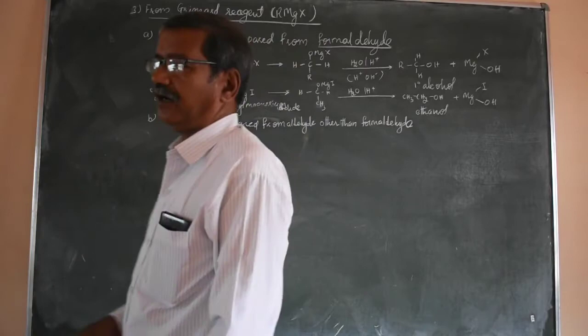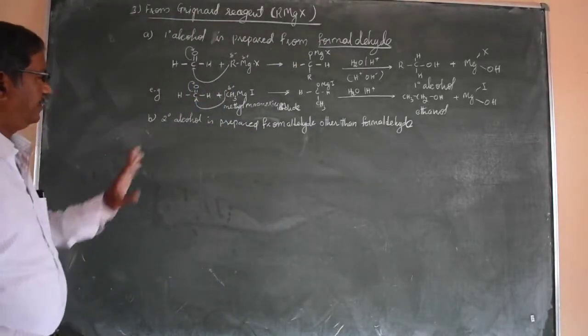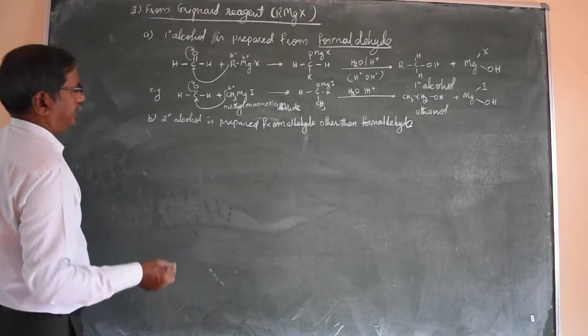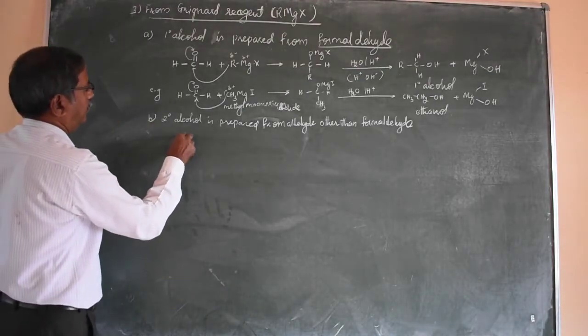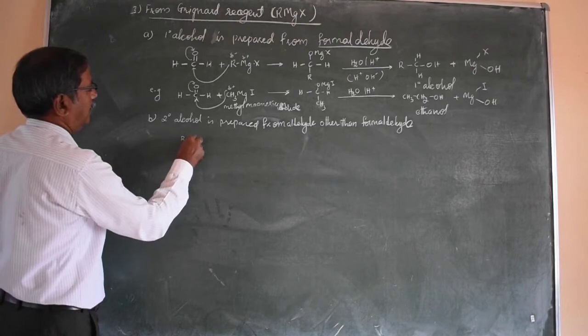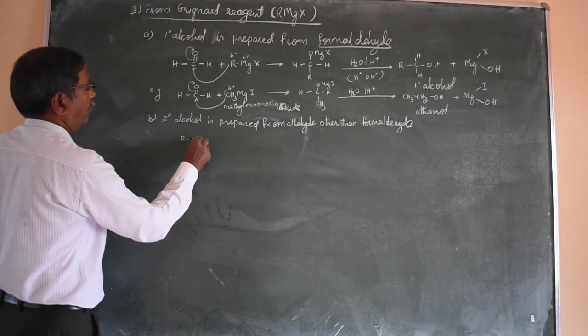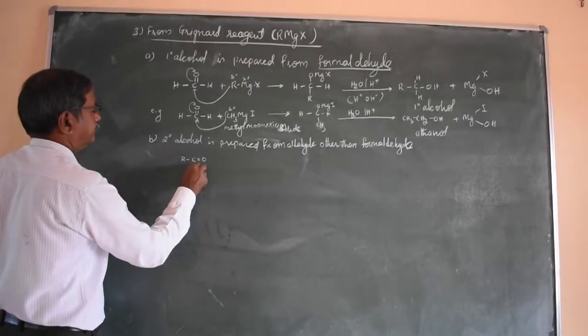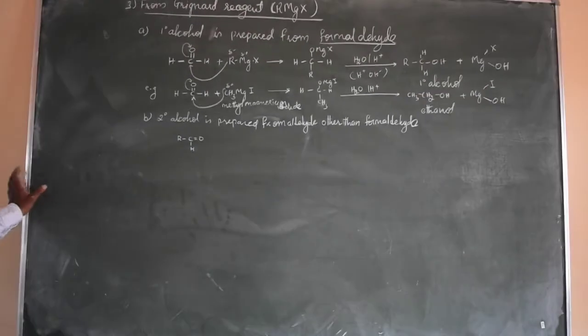So 2 degree or secondary alcohols are obtained from the aldehyde other than formaldehyde. The formula for aldehyde is R, C double bond O, then H. It's the formula for aldehyde.